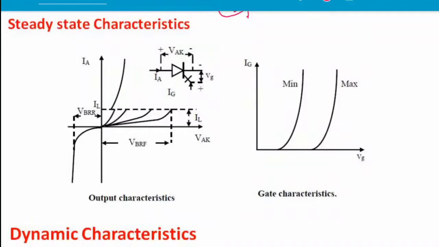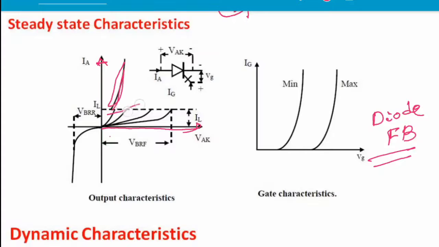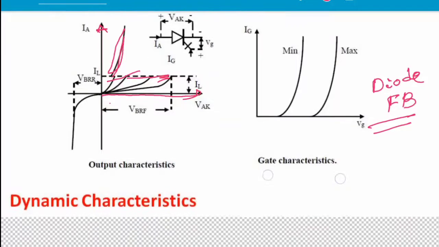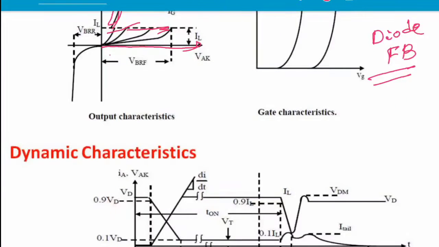Next comes the steady state characteristics. What are steady state characteristics? That is the operational characteristic, not the turn off or turn on characteristic. This is the gate characteristic, and this is similar to that of the diode forward biased characteristic. And this steady state characteristic is just like the thyristor turn on characteristic, so there is no difference. But in case of latching current and holding current, I will compare to that of the conventional thyristor.